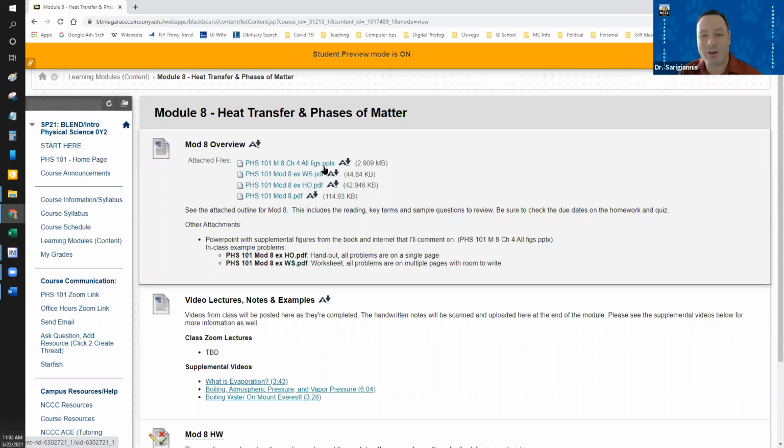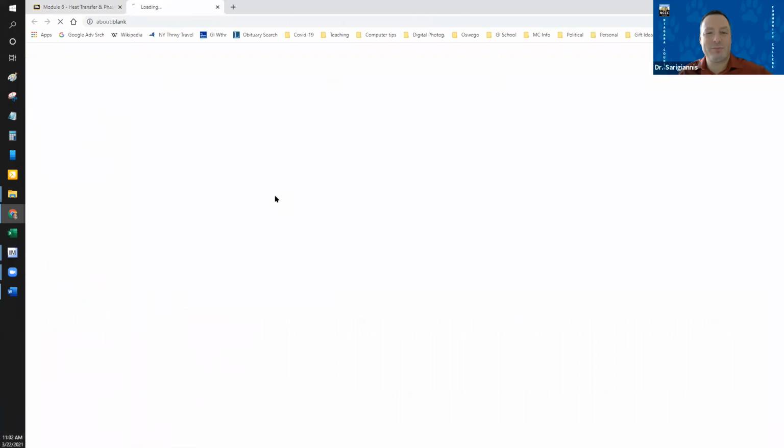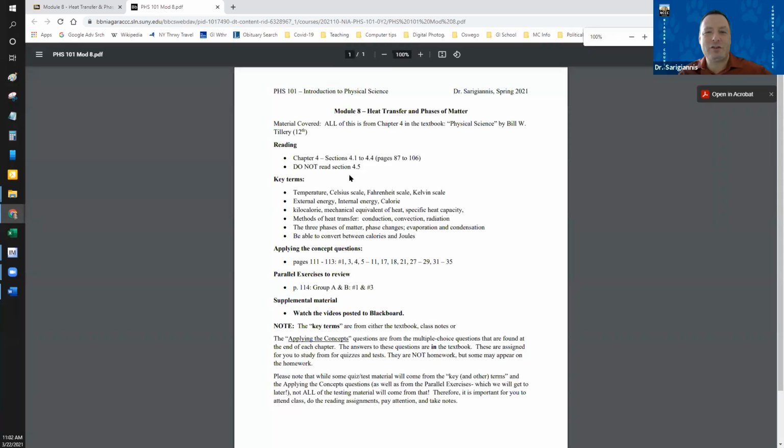Let's just look at this outline here. This is all of chapter 4 except for section 4.5, so you don't have to worry about section 4.5. I have to look at the textbook to see.